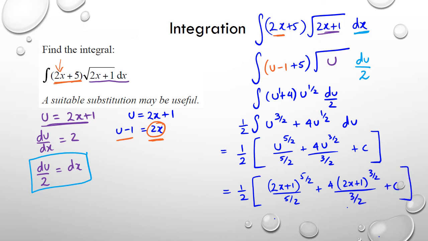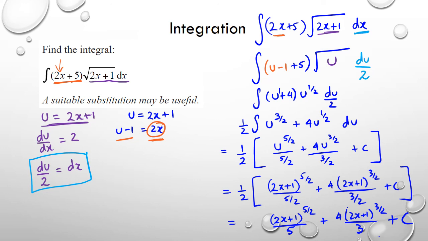When you simplify this, because there's a half, it all gets cancelled out, and you're going to get 2x plus 1 to the power of 5 over 2, over 5, plus 4 over 2x plus 1 to the power of 3 over 2, over 3, plus c.